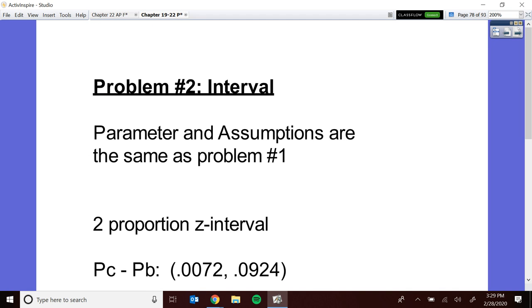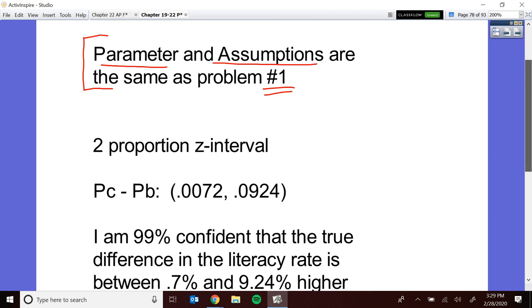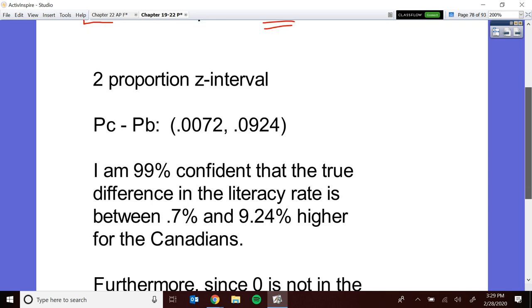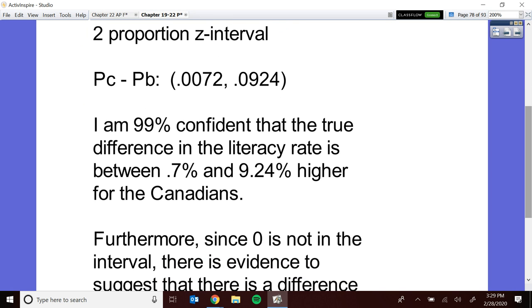And you, of course, are able to do this on your quiz. Do not rewrite the parameters and assumptions because they are the same as they were in problem 1. So you start with the name, a two proportion z-interval. Define the way you subtract. That is incredibly important.